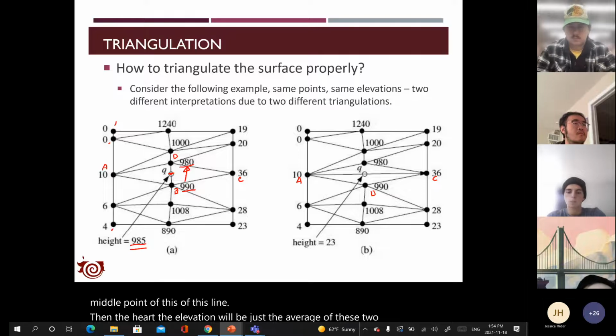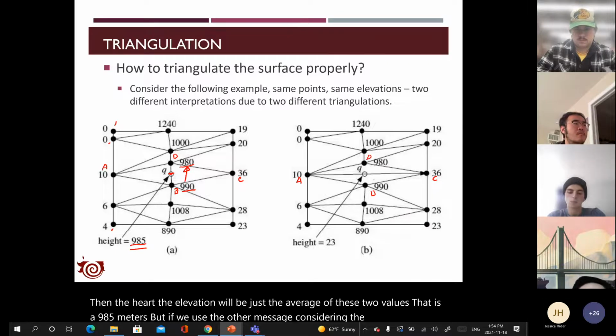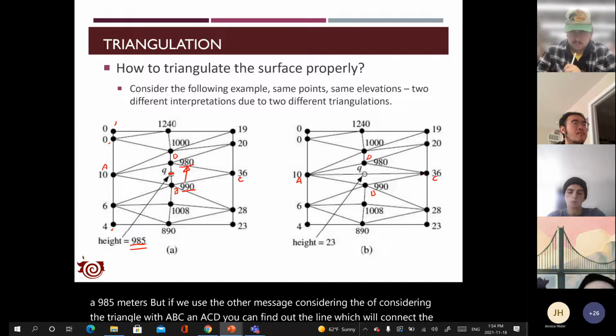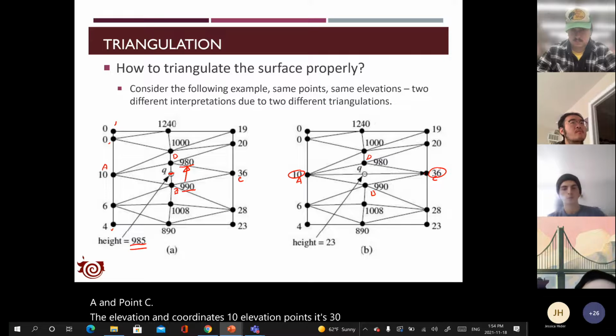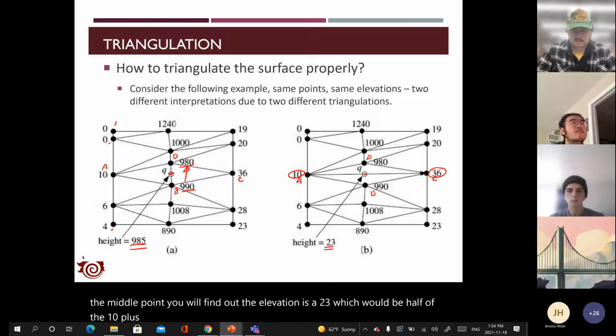That is 985 meters. But if we use the other method, considering the triangles ABC and ACD, you can find the line which connects point A and point C. The elevation at point A is 10, the elevation at point C is 36, and if you check the midpoint, you will find the elevation is 23, which is half of 10 plus 36.